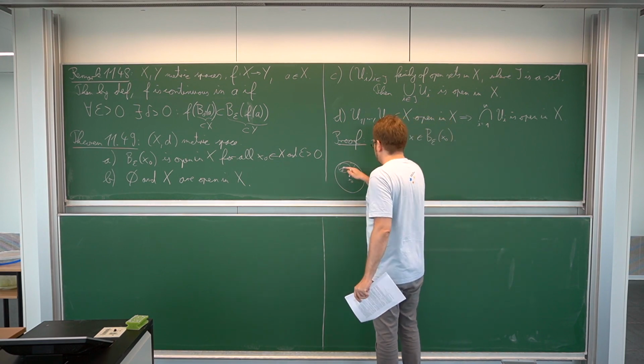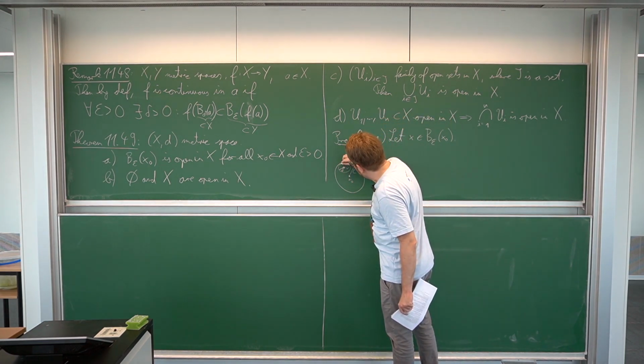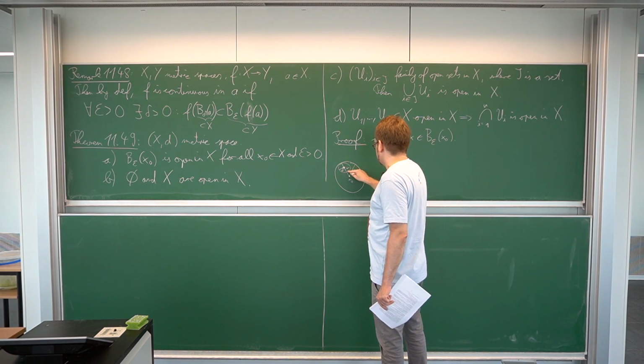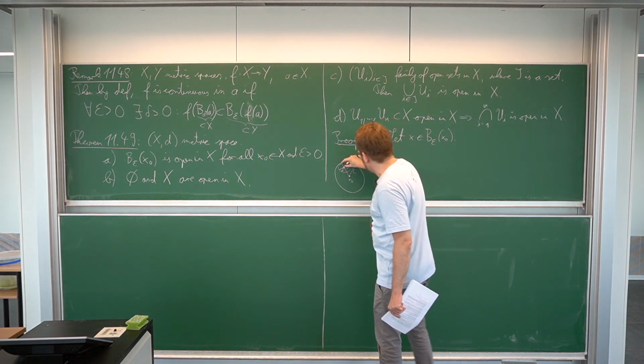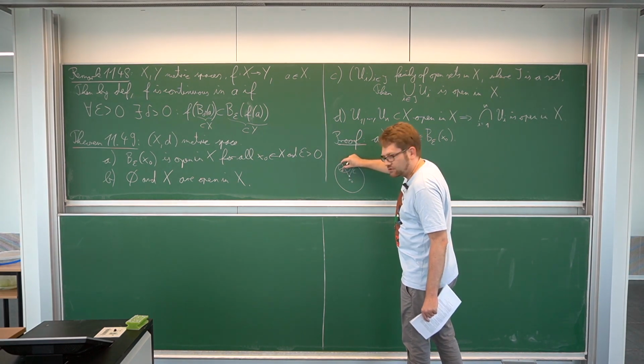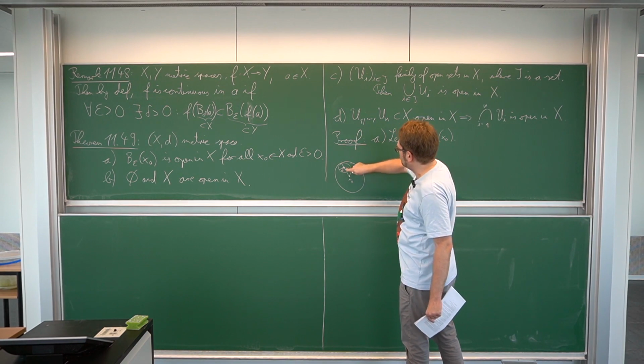Assume this segment that I'm drawing has radius epsilon. The radius that our delta must have, this here plus this big segment here, must be smaller than epsilon. But we know that this segment has length the distance from x0 to x. x is some fixed point.